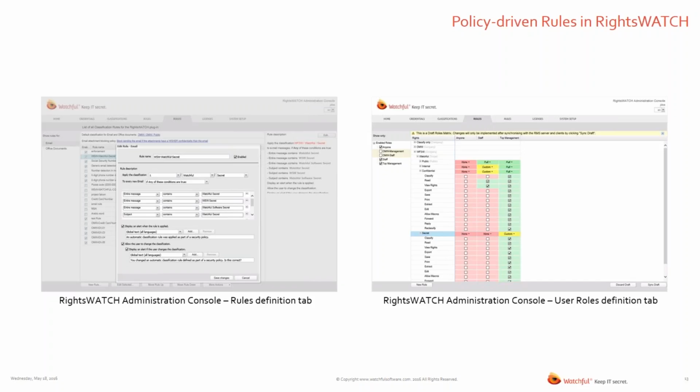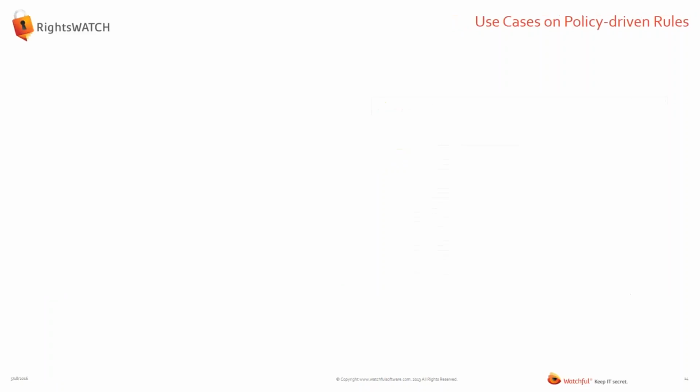And once users are assigned to their appropriate clearances, all the hard work is done and managed by the system. So when users create and send information, it can be automatically classified based on the rules that are previously established.